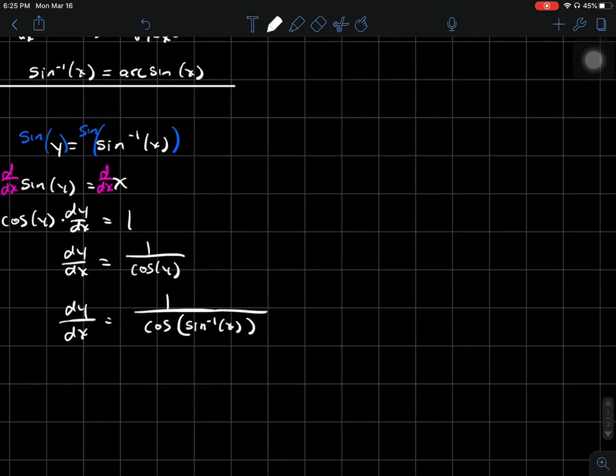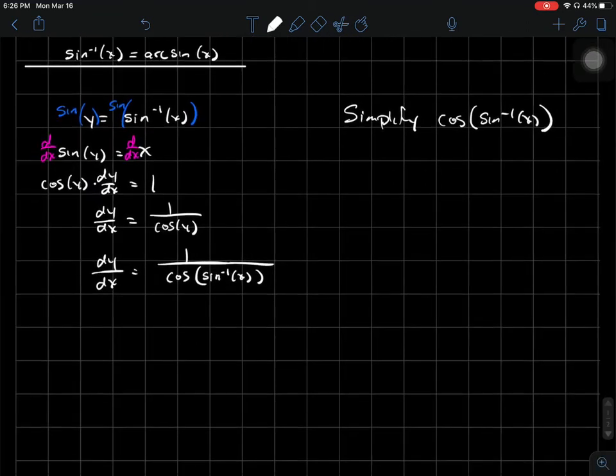What we need to figure out now is how to simplify cosine of sine inverse of x. So I'm intentionally leaving some space under that. Let's say right now that sine inverse of x is some angle theta. So essentially we're saying this is cosine of some angle theta.